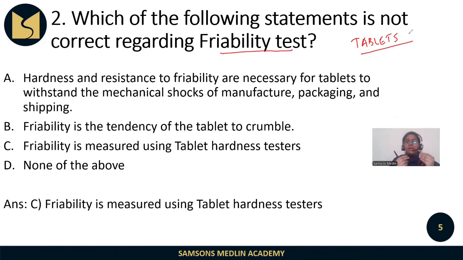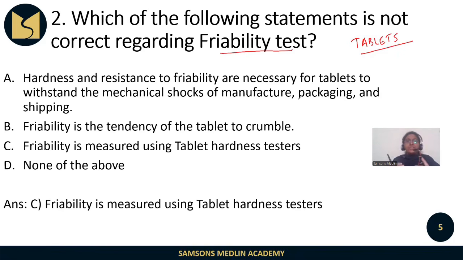So if the tablet is hard enough, it will not easily break down. Hardness and resistance to friability are necessary for tablets to withstand the mechanical shocks of manufacture, packaging and shipping. Definitely the tablet should have enough hardness and resistance to friability, because once it is formulated, it has to move to multiple locations for packaging, then for shipping.